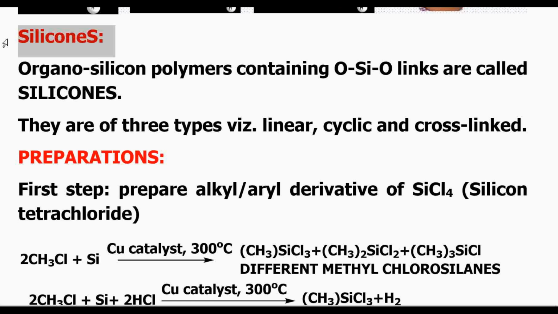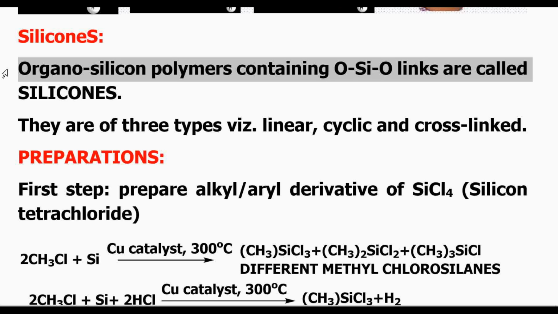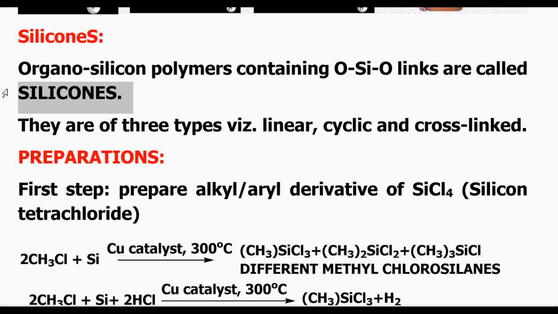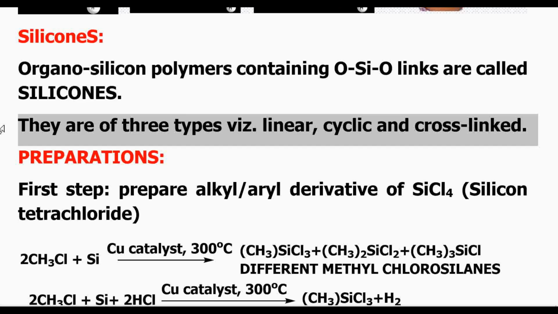The spelling of the element is silicon, but when I say silicones, it means that I am talking about organosilicon polymers containing Si-O-Si links, and they are named as silicones. These silicones can be broadly classified into three types: linear ones, cyclic, and then the cross-linked.